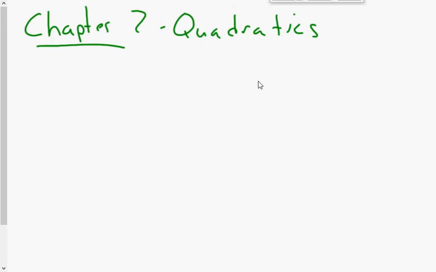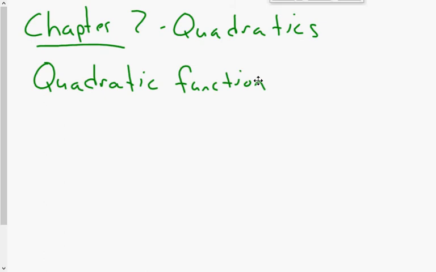Okay, so quadratic function is to the highest power of 2.